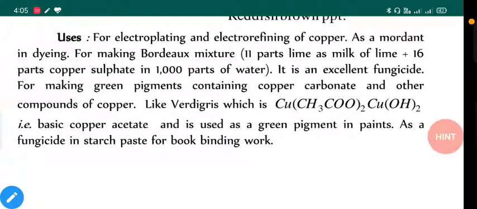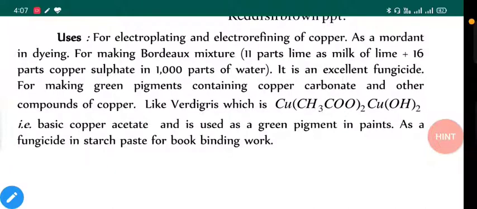It is used for making green pigments containing copper carbonate and other compounds of copper like verdigris, which is Cu(CH3COO)2·Cu(OH)2, that is basic copper acetate, and it is used as a green pigment in paints. It is also used as a fungicide in starch paste for bookbinding work. That means for bookbinding, the paste is based on starch, and we can add copper sulfate as a fungicide to prevent fungus.